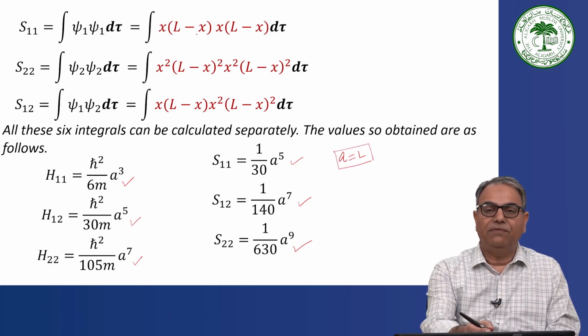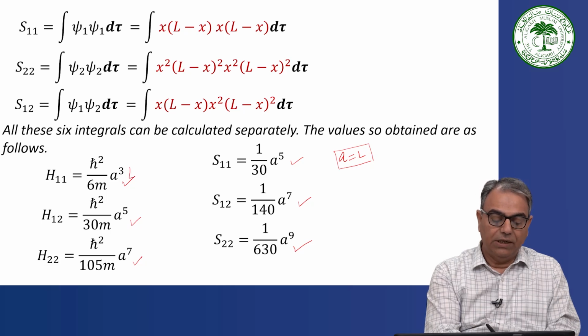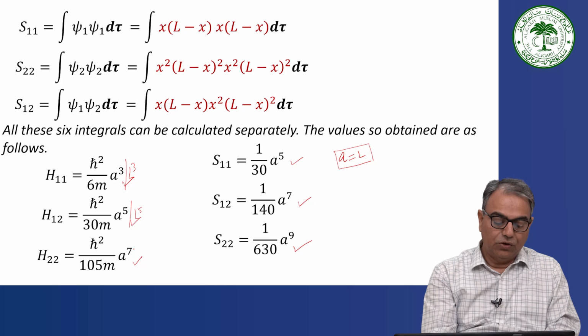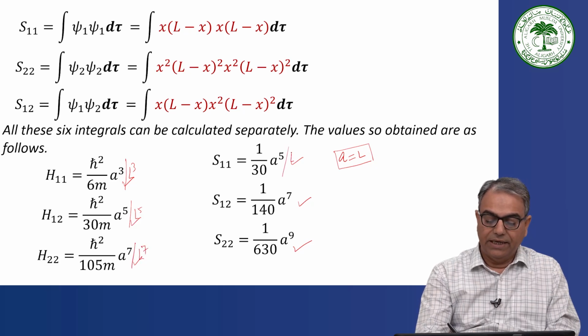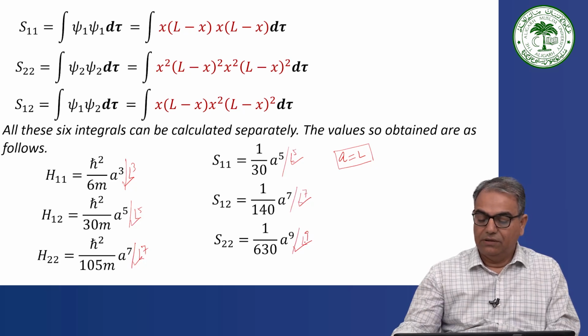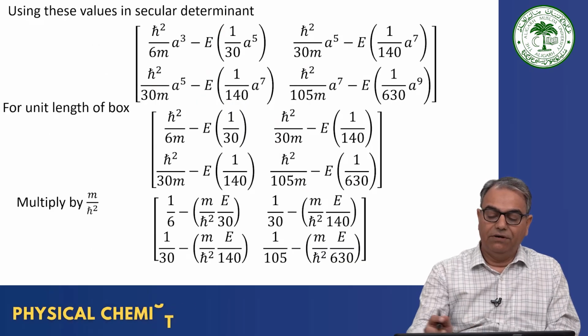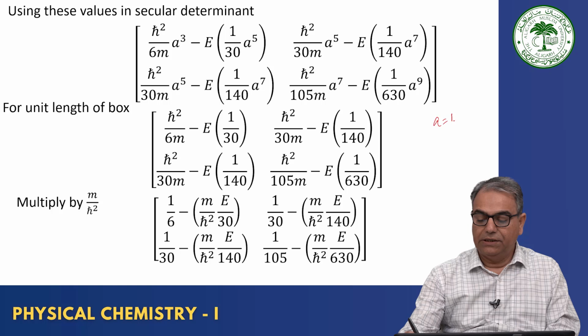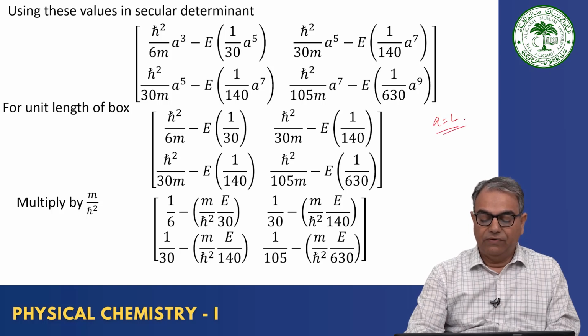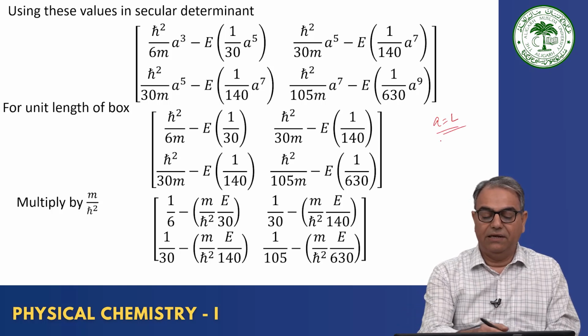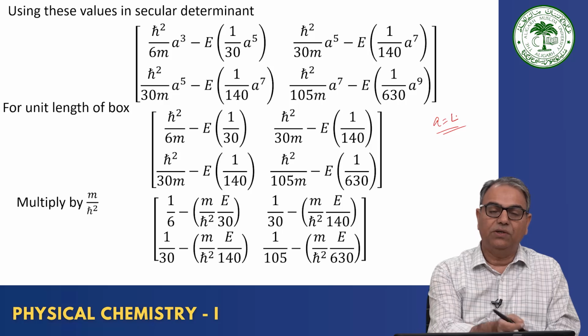Since the trial function was in terms of L, this could be L cube, this could be L5, this could be L7. So don't get confused about where A is coming from. It's the same thing: L5, then L7, then L9, and thereafter. Here also treat all A as L, and then whether A or L, it goes away because it is the unit length.